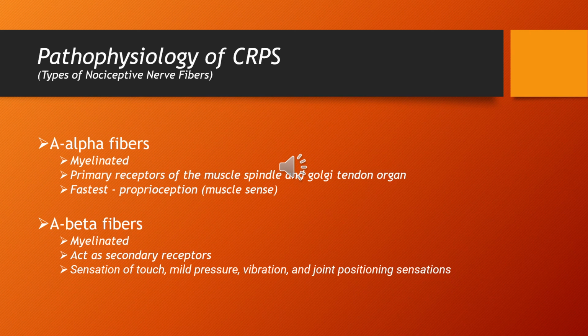They're also myelinated. They're intermediate size, and they carry fast sensory conductivity as well. They also act as secondary receptors of the muscle spindle and contribute to cutaneous mechanoreceptors. And they also mediate sensations of touch, mild pressure, vibration, and joint positioning sensations.